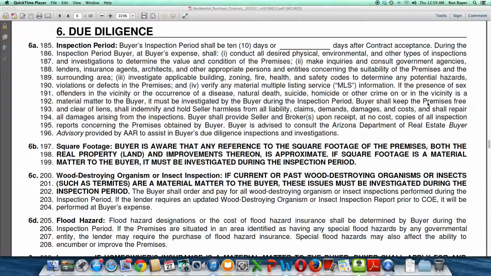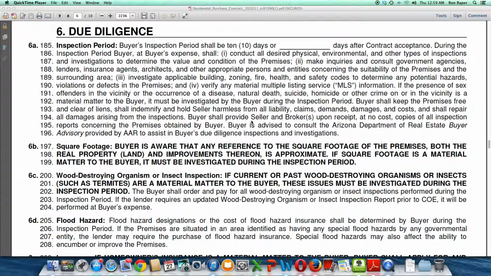Buyer shall keep the premises free and clear of all liens, shall indemnify and hold seller harmless from all liability, claims, demands, damages, and costs, and shall repair all damages arising from the inspections.